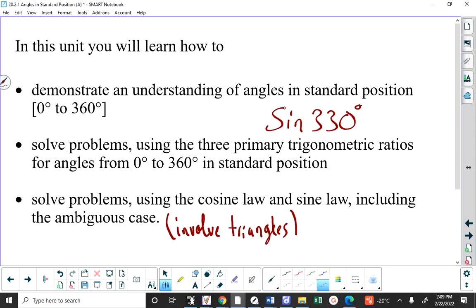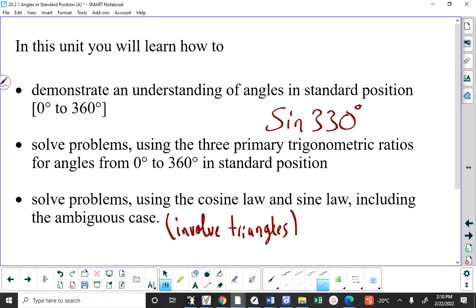And what that means is if I give you a triangle and we have to solve that triangle, or we have to find some missing sides or angles of the triangle, if there's no right angle, there's no hypotenuse. And if there's no hypotenuse, you can't use sine equals opposite over hypotenuse. It just doesn't work because there's no hypotenuse.